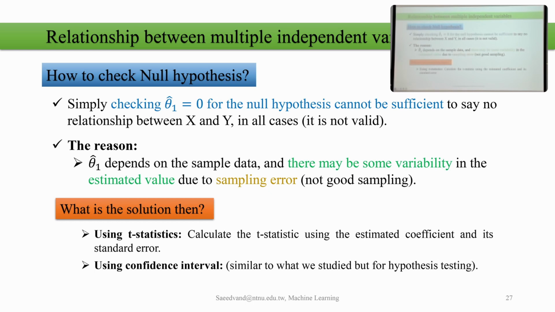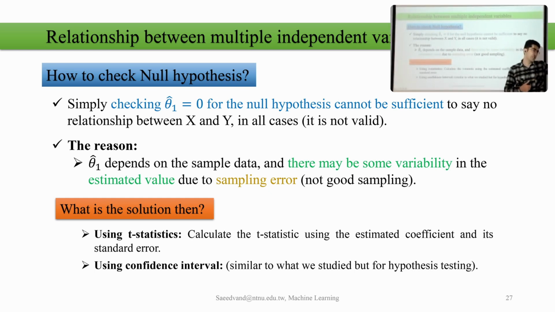One solution is using t-statistics. Another solution is using a confidence interval for this specific application. We need to calculate the t-statistic using the estimated coefficients, intercept and slope, and the standard error that we define in the next slide.